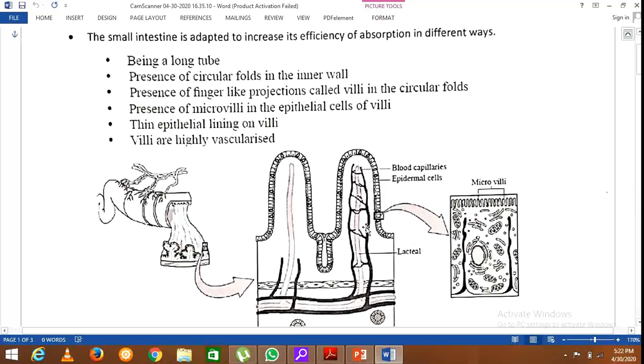So into the bloodstream, the digestive end products of carbohydrates and proteins are absorbed. And here in the middle there is the lacteal, which is a part of the lymphatic system, and digestive end products of lipids are absorbed into lacteals.